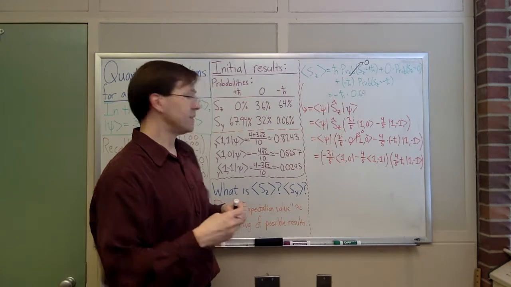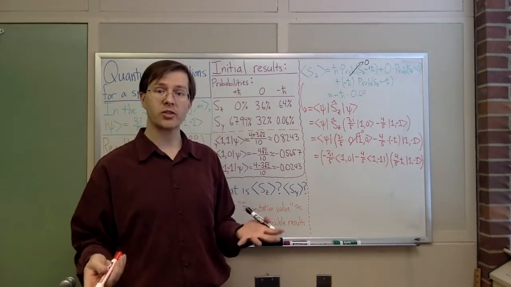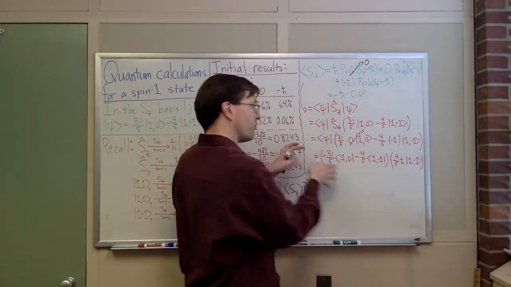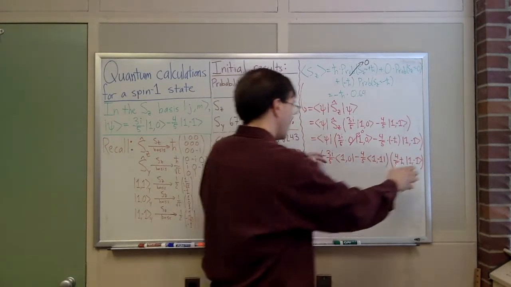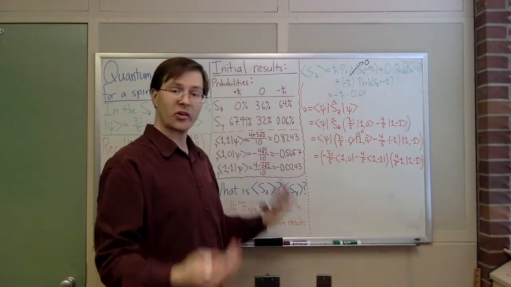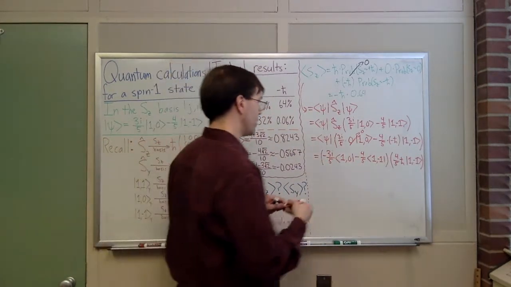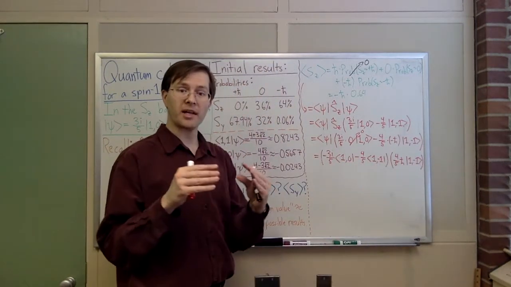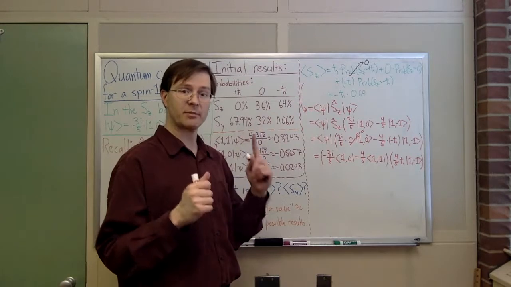And at this point, again, I know how bra-ket notation works. I put the brackets together. I distribute this term into each term of the previous parentheses. When the 1, 0 meets the 1 minus 1, those are orthogonal states. So they'll cancel out. It'll give me 0 contribution. When the 1 minus 1 meets the 1 minus 1, that's a normalized state. Its bracket with itself has to be 1.